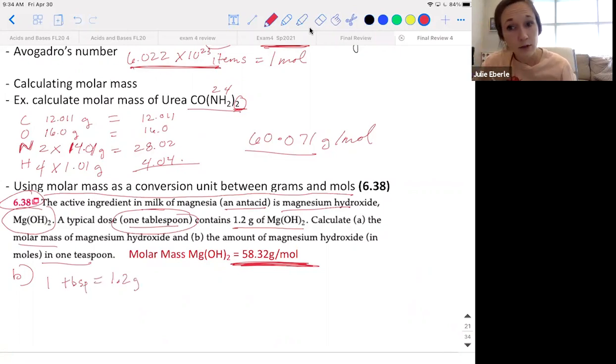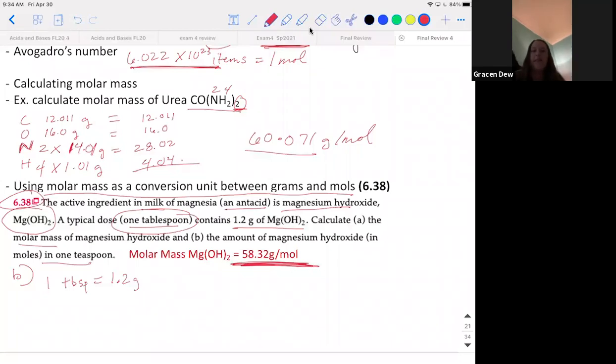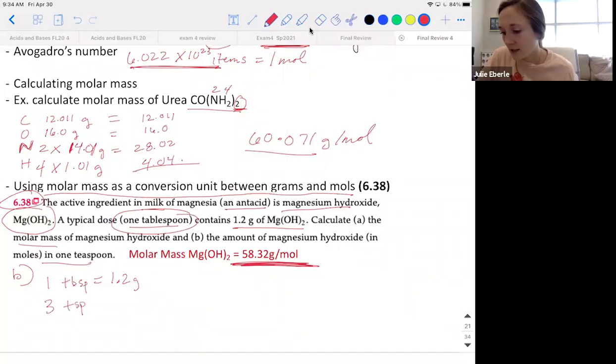How many teaspoons are in a tablespoon? Anybody know? 3. Yep. 3 TSP, teaspoon, in 1 tablespoon, TBSP. And then we know there's 58.32 grams of magnesium hydroxide in 1 mole.